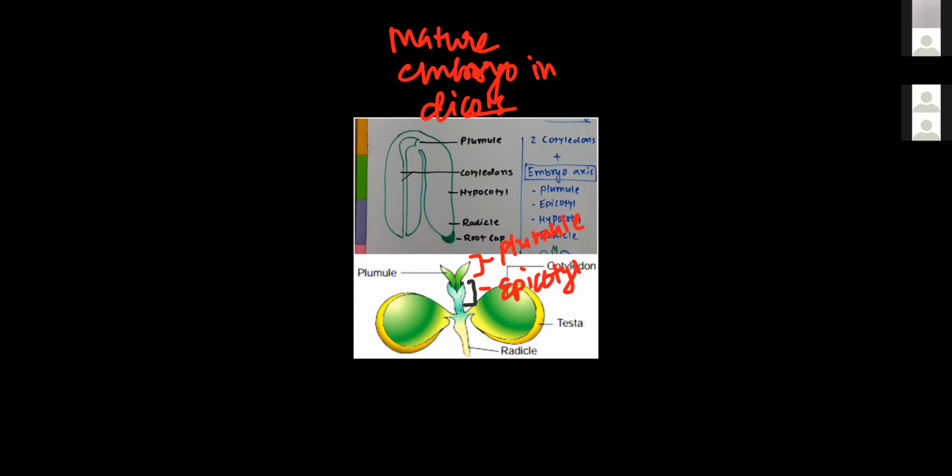This is basically a shoot tip, stem tip. इसको shoot tip या stem tip कहते हैं. अच्छा, the region of the embryo axis just below the level of the cotyledons, the cylindrical portion of the embryo axis below the level of the cotyledon, that one is termed as hypocotyl.